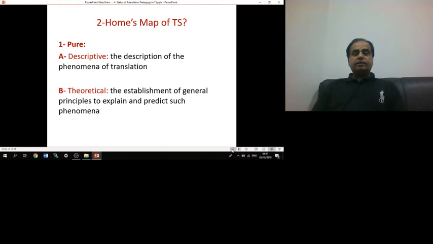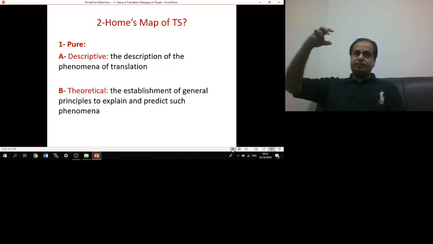In the theoretical translation studies, the scholars try to conclude general principles to explain and predict such phenomena. In the theoretical, general and specific, of course, both, as we have seen, the general theories and then the partial theories. So the point here is that we try to extract the principles.